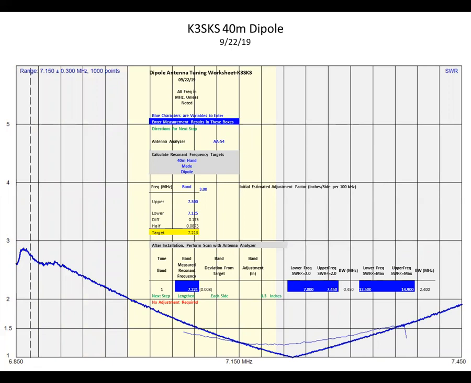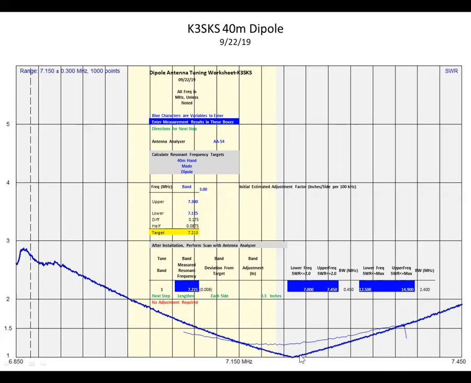This was the 40-meter dipole. Same thing. Got our SWR plot, and I wanted this to be in the middle of the general single sideband, which would be in this range here.